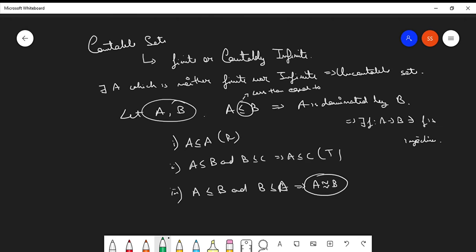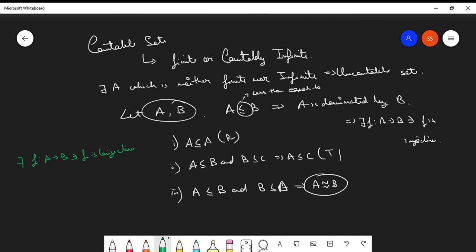But here A related to B and B related to A implies A is numerically equivalent to B, which means there exists a function f from A to B such that f is bijective.